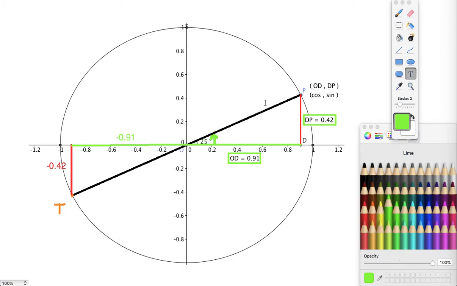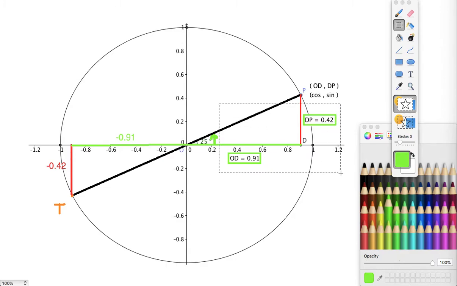Now, since tangent is equal to these two divided by each other, and they have the exact same number, except that these are positive and these are negative and negative, the tangent for point P and for point T will be the same. And that's because positive divided by positive is the same as negative divided by negative, or will have the same value.